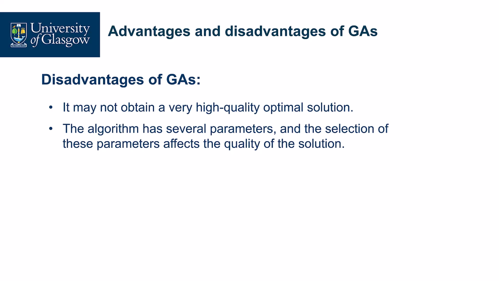The selection of these parameters affects the quality of the solution. We need to pay more attention to this, and we will also cover it in the advanced specialization. At last, GA is not very fast, so it needs a lot of computing power, although parallel computing can indeed support it.